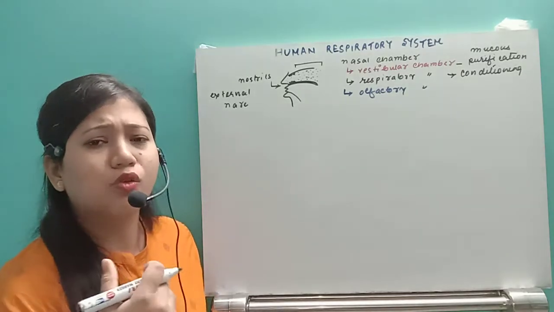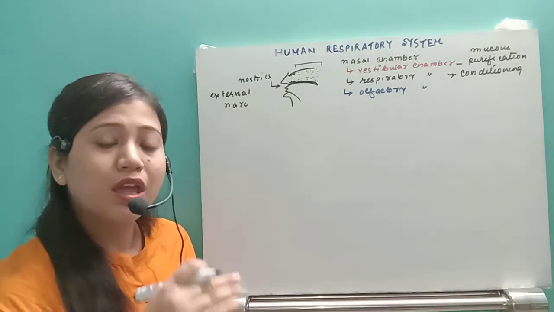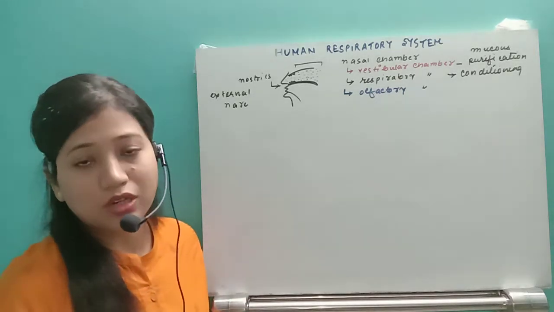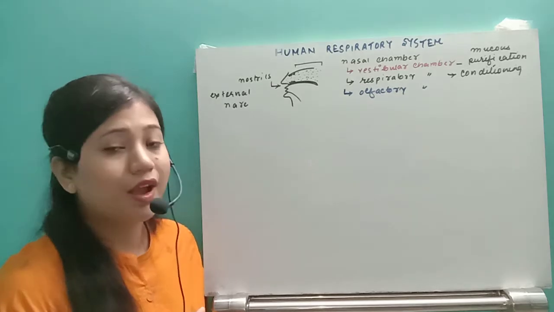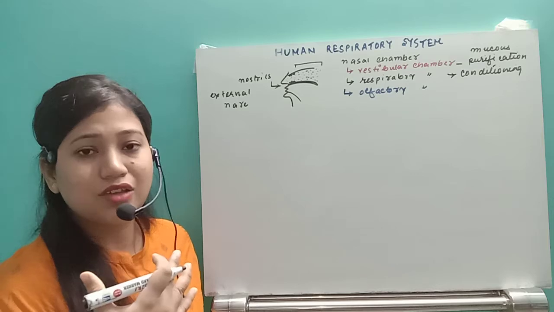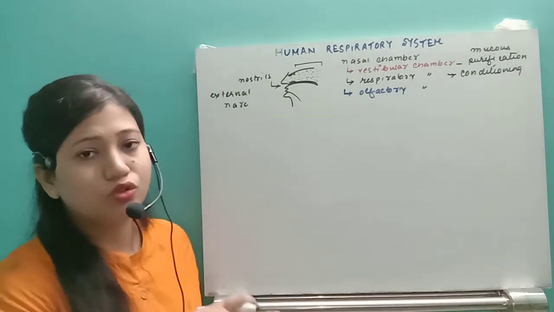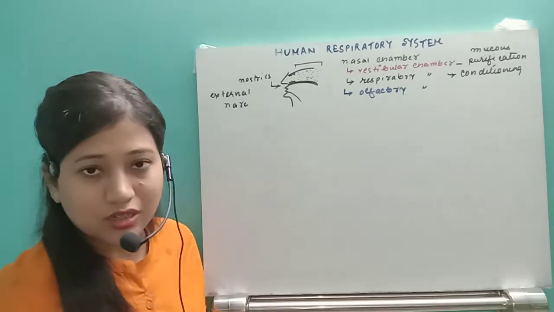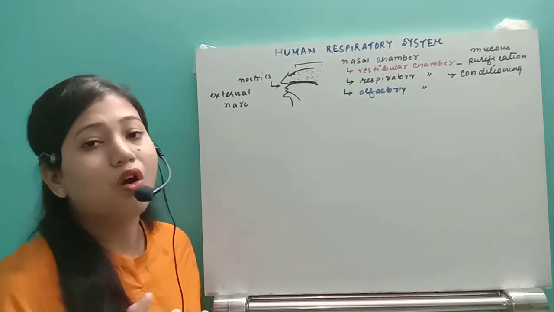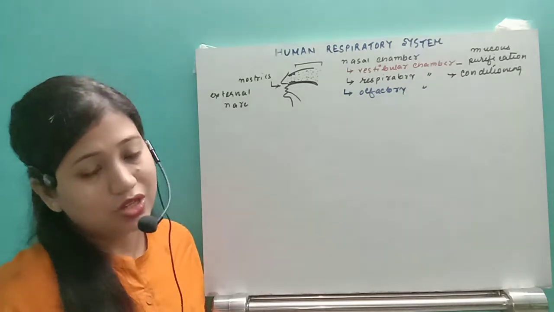If you have taken cold air, then in this respiratory chamber that lower temperature gas will be brought to the normal body temperature, that is 36.5 or 37 degrees Celsius. Even if you take inspiratory gas at around 45 degrees Celsius, it will also be brought down to the normal 36.5 or 37 degrees Celsius. So it basically helps in maintaining the internal body temperature, right? That is the function of the respiratory chamber.